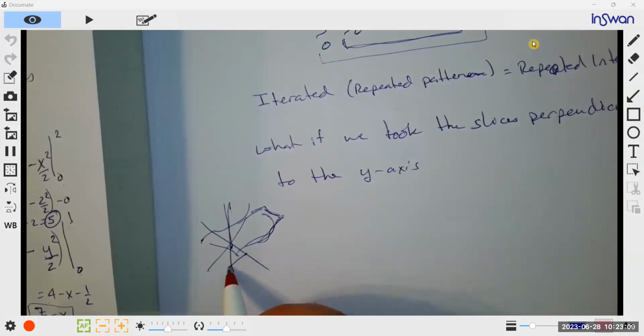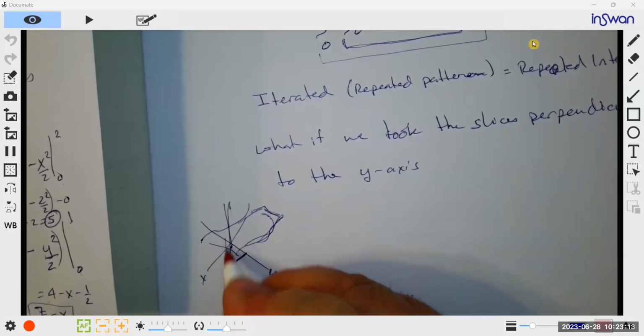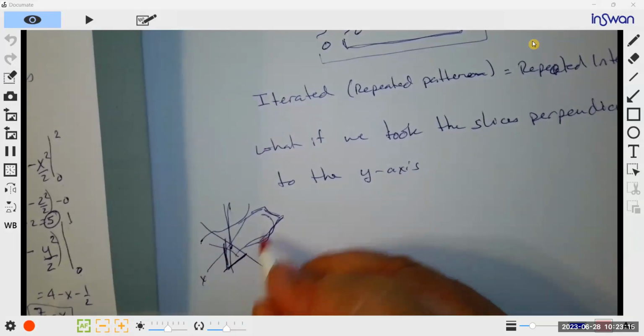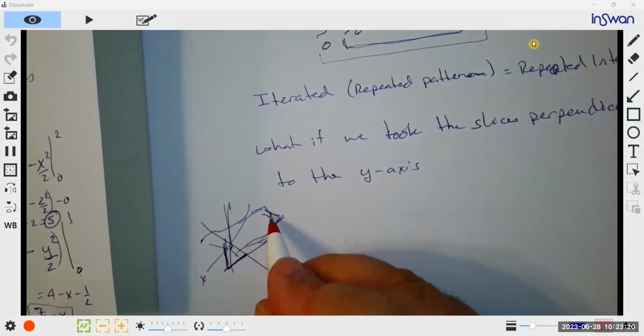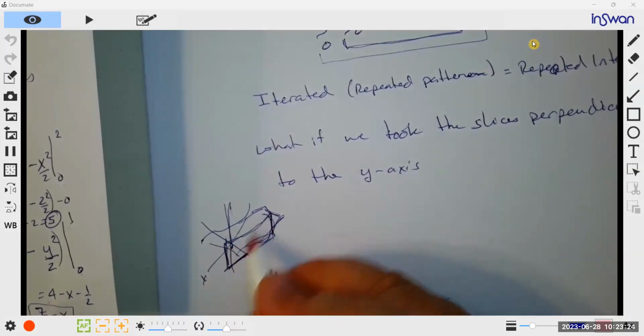Now we are perpendicular to the y-axis, so we're looking under this area of the curve.